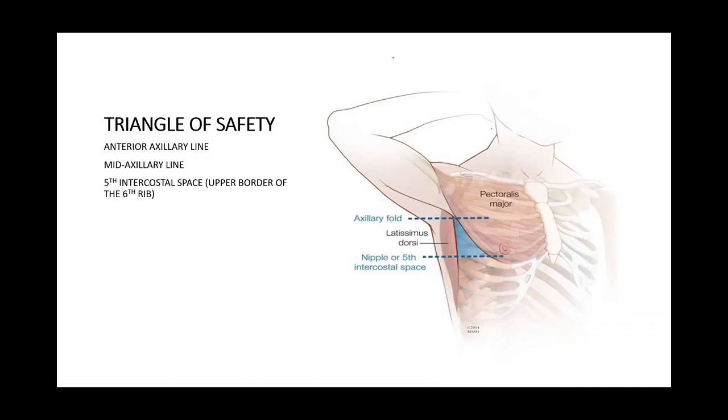Passing a chest tube is called chest tube thoracostomy. Thoracostomy, when you are connecting any cavity to the skin. Colostomy, colon and skin. Colostomy, ileostomy, you are connecting to the skin. So this is called chest tube thoracostomy.